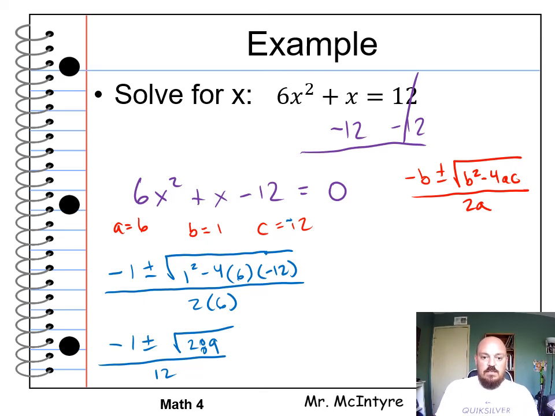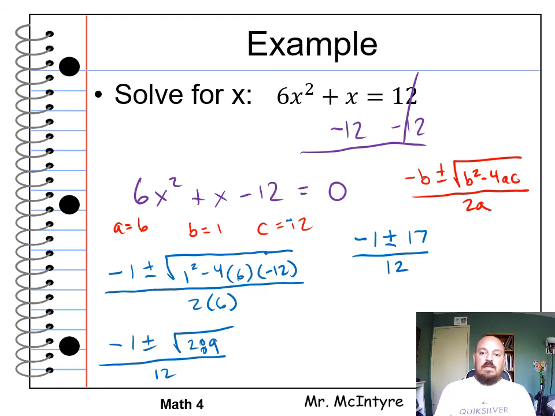Negative 1 plus or minus, now remember we said that's a perfect square. The square root of 289 is just the number 17. It's not even a square root anymore. So we have negative 1 plus or minus 17, not the square root of 17, just the number 17, all over 12.